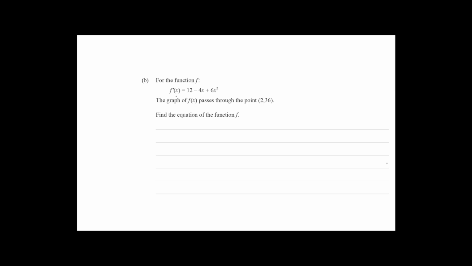Alright, so for this one, they give you the differential. They give you f dash of x, and they want f of x. And it goes through this point (2, 36). Okay, well, if we start at f dash of x, and we want to get to just f of x, we're going to need to integrate with respect to x.